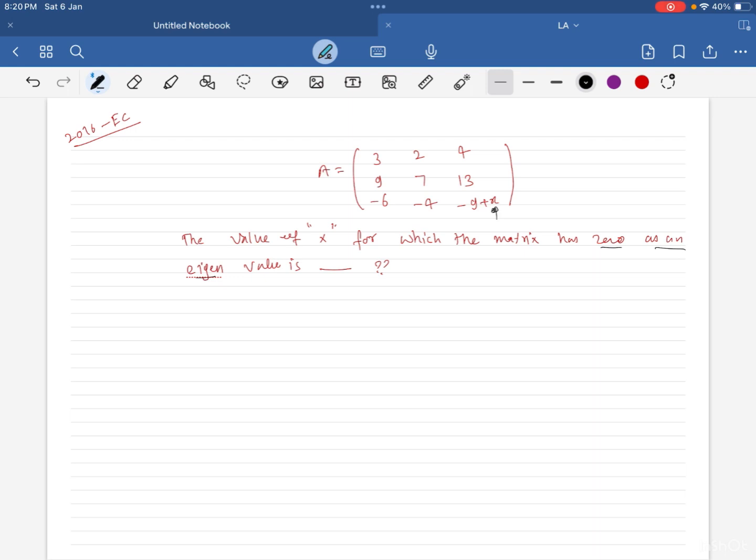If there is any eigenvalue that is 0, then the product of eigenvalues is going to be 0. That means determinant of the matrix A is going to be 0, because the determinant is equal to the product of the eigenvalues. So we can calculate this by taking the determinant of this matrix.